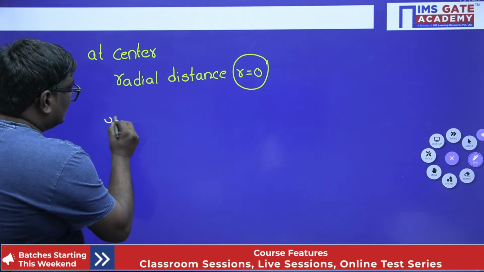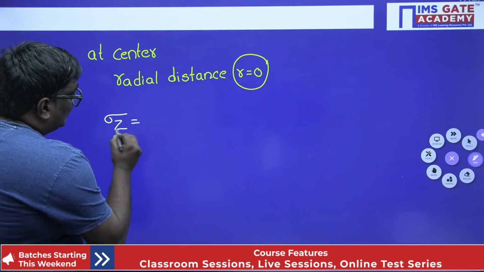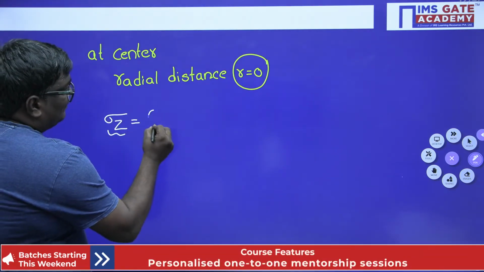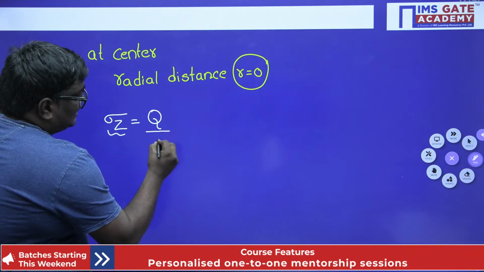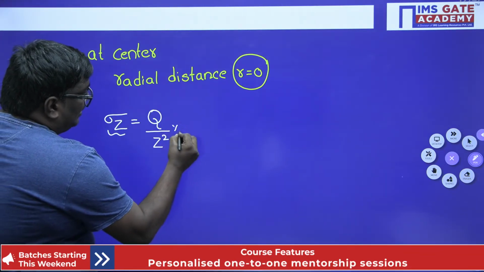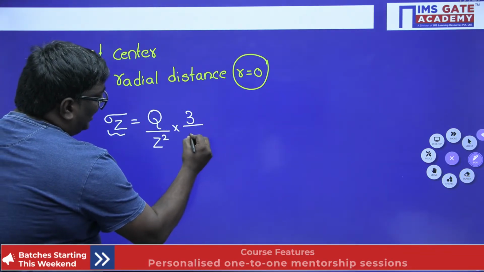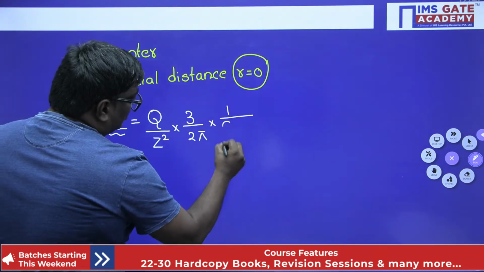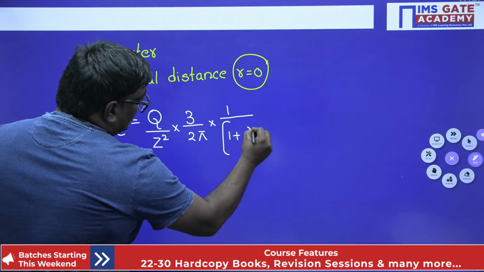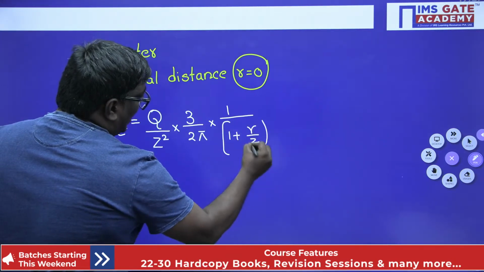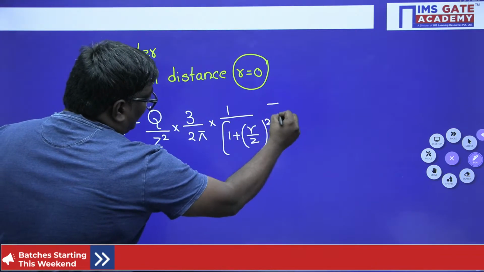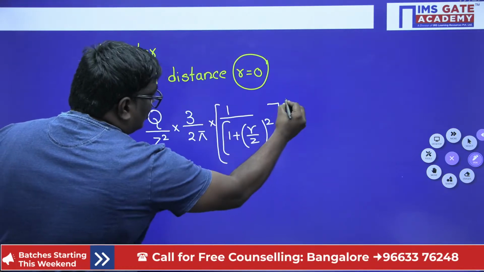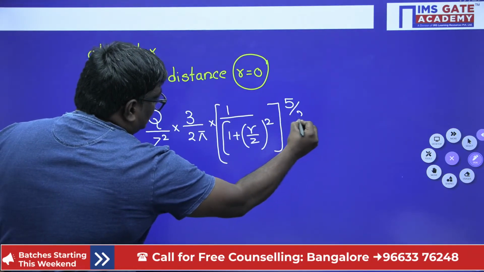Now if I consider sigma z, the vertical stress at a depth is given by the formula Q by z square multiplied by 3 by 2 pi into 1 upon 1 plus R by z whole square whole power 5 by 2. Am I correct, my dear students?